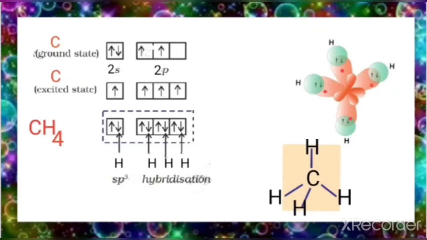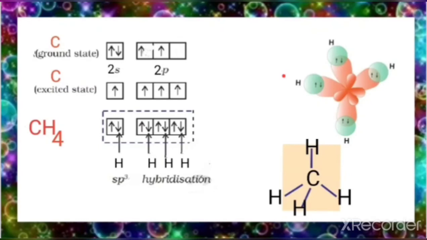The 4 sp3 hybrid orbitals are overlapping with the s orbital of 4 hydrogens. Now look here, why is it made spherical? Because in the case of hydrogen, the electron is in the s orbital, that is 1s.